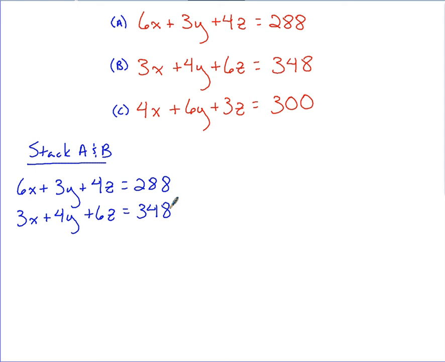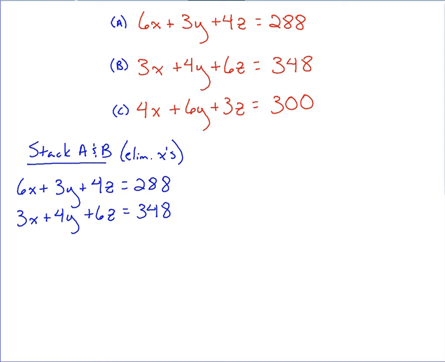All right, let me do a little bit of eliminating with that one. Let's eliminate the x's. It doesn't matter, as we get started, which variable we choose if we're going to do elimination. So let's just eliminate the x's. It would make sense to take the second equation and multiply it by -2.